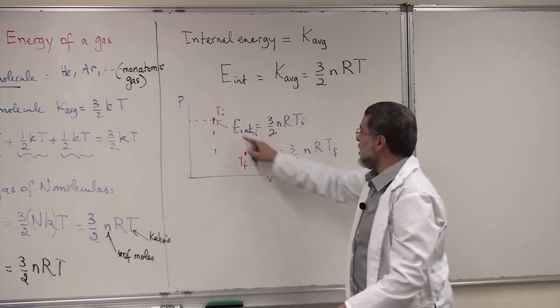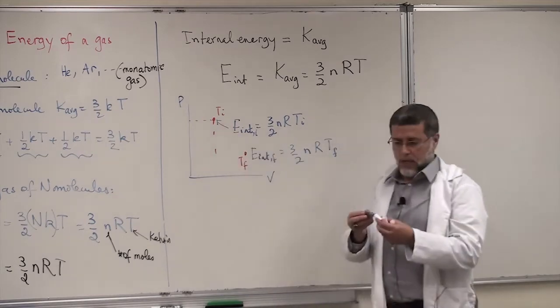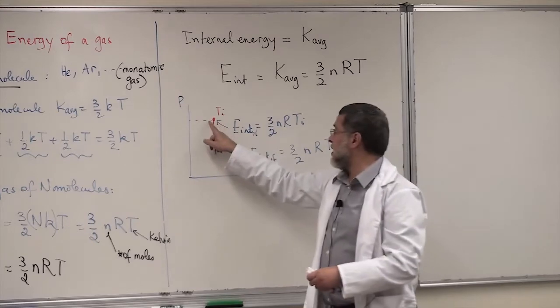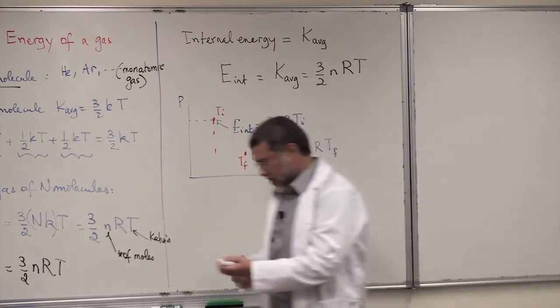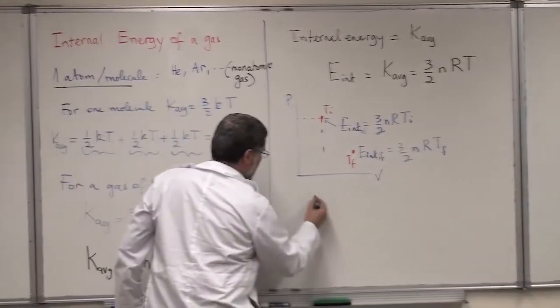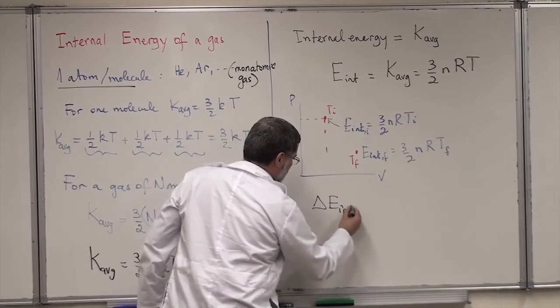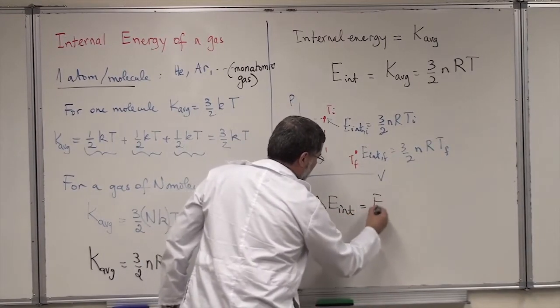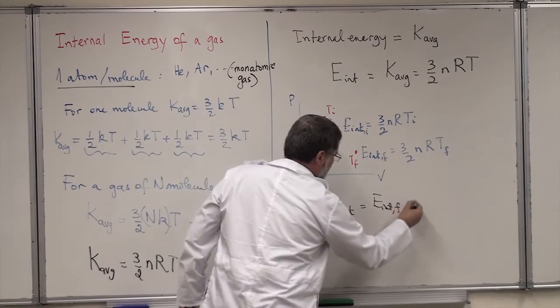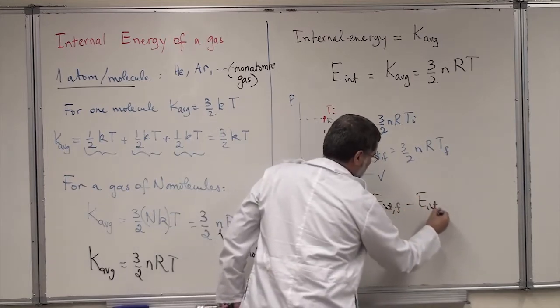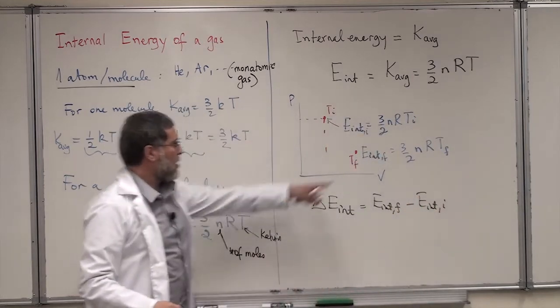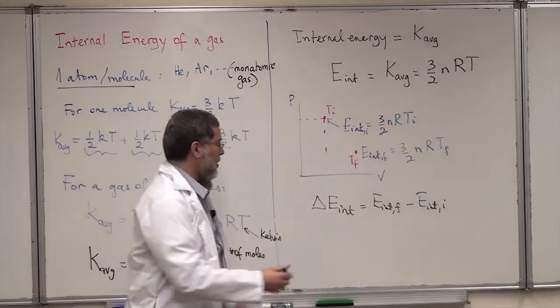So I can find the change in internal energy between these two states, state I and state F. We call it delta E internal. What is delta E internal? It is E internal final minus E internal initial. So you subtract the initial from the final, and what do you get?